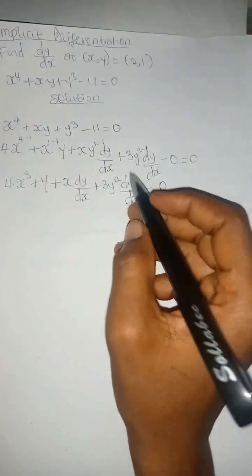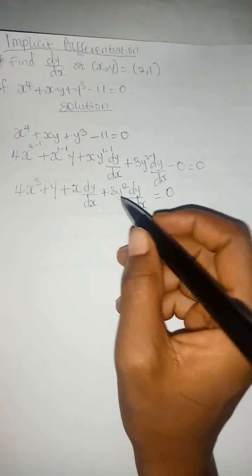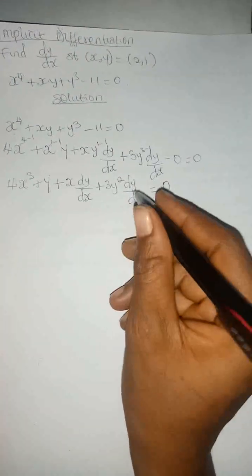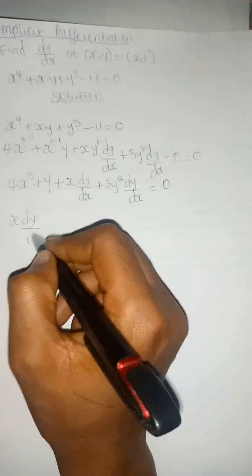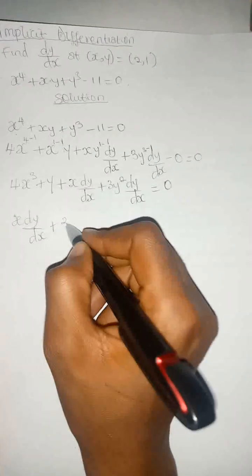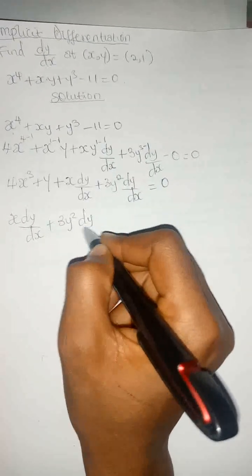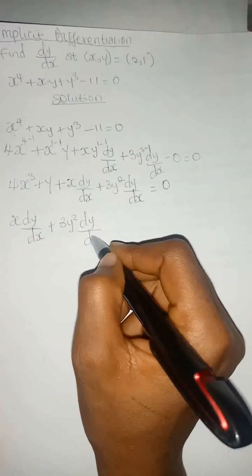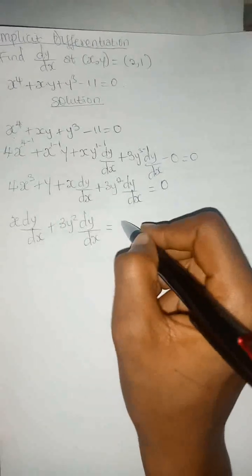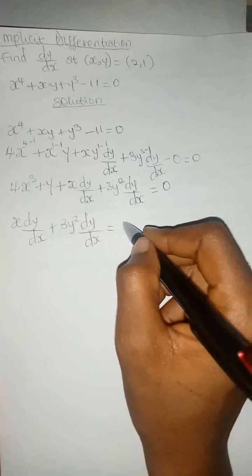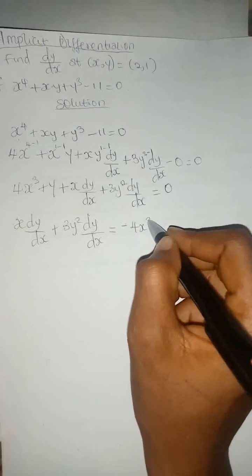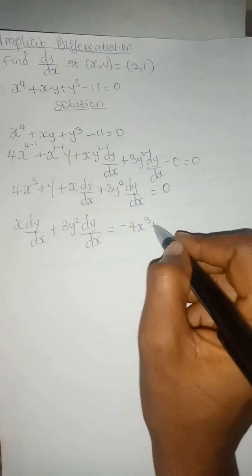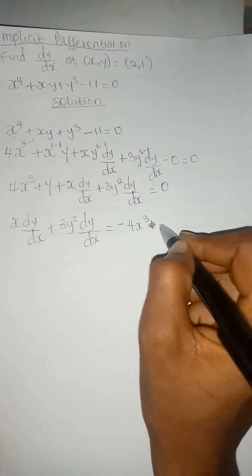0. Now we collect like terms. The one not having dy dx goes to that side, the one having dy dx we leave here. We have x dy over dx plus 3y squared dy over dx is now equal to minus 4x cubed plus minus y.